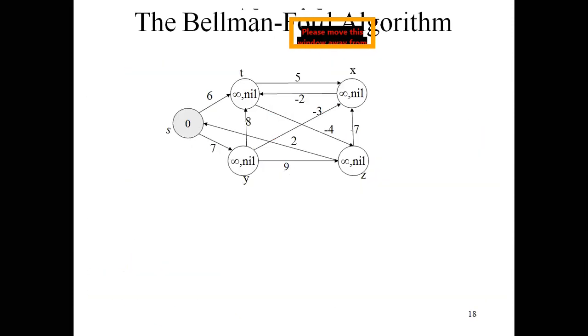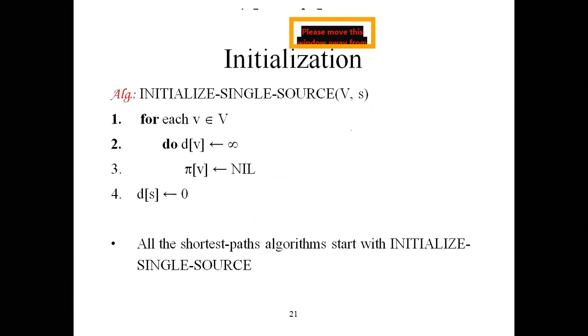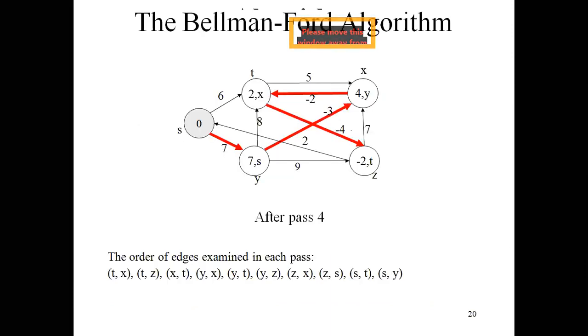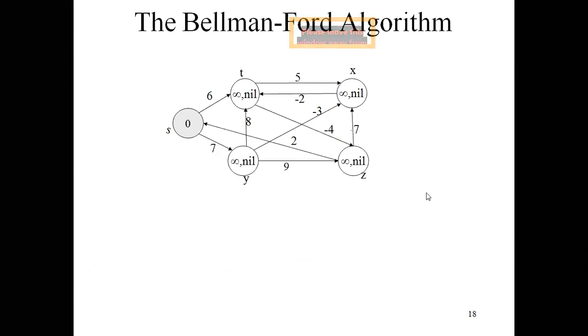Now see the Bellman-Ford algorithm example. This is the graph given. We want to find the shortest path from source vertex S to all other remaining vertices. How many vertices are there in the graph? How many times do we need to iterate the for loop?